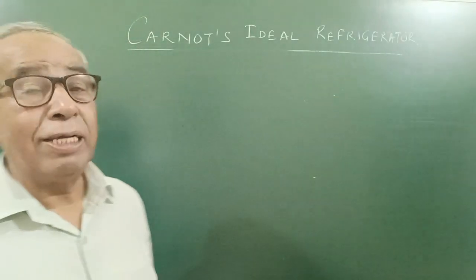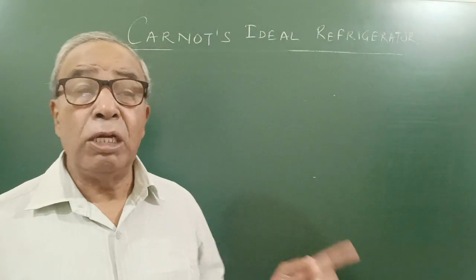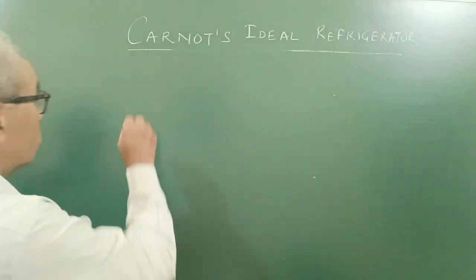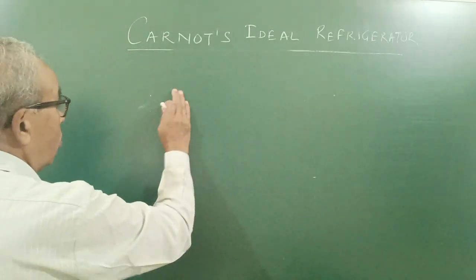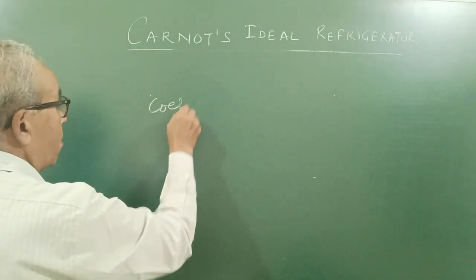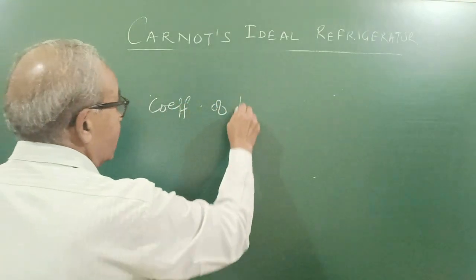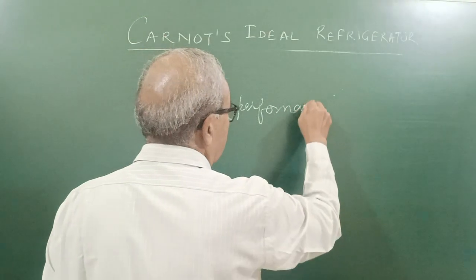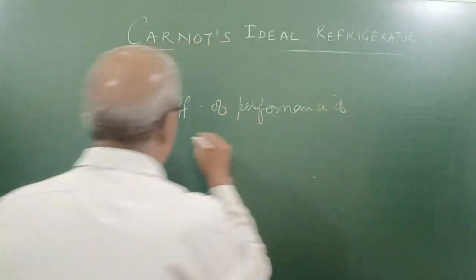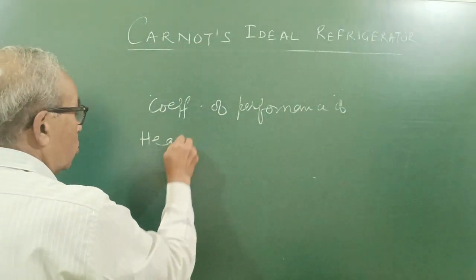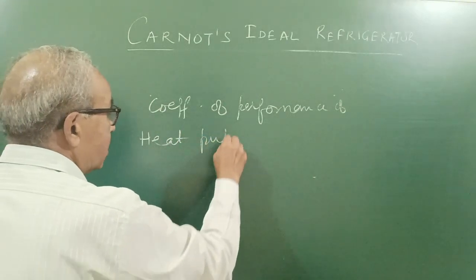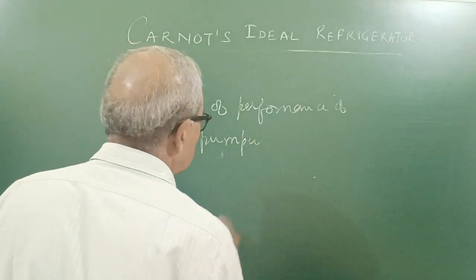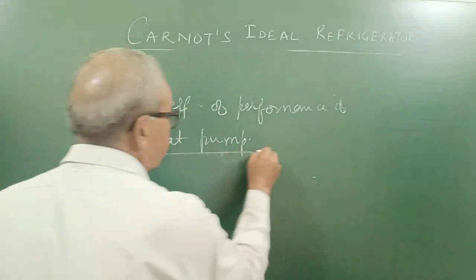A heat pump is the device which gives heat to the hot body. That is its purpose, so consider the coefficient of performance of a heat pump. A heat pump is a device which works in reverse order of a heat engine.